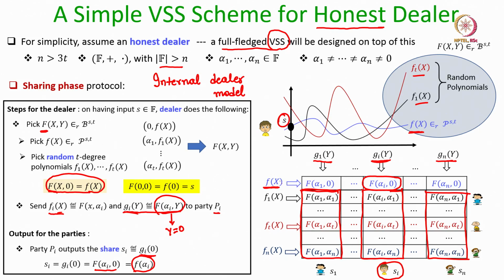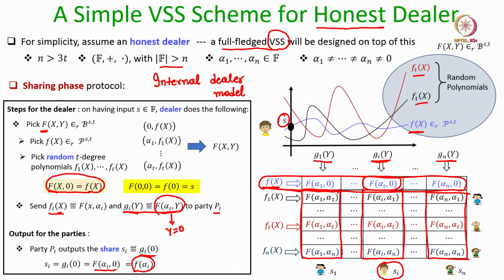So, what you can imagine here is that the dealer is running an instance of Shamir secret sharing protocol internally, implicitly, and it is embedding a lot of information on top of that. It is wrapping a lot of information on top of that Shamir sharing polynomial.